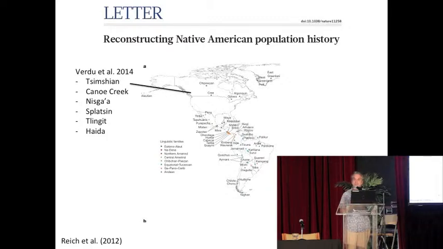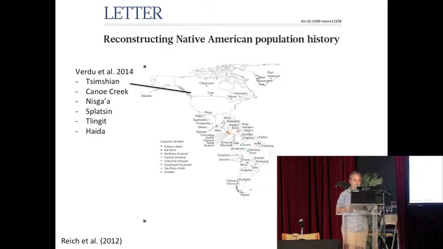And so that's something that we have to keep in mind when we're using DNA variation to infer population history in the Americas: what's the diversity represented today may not be consistent with what it was pre-European contact.